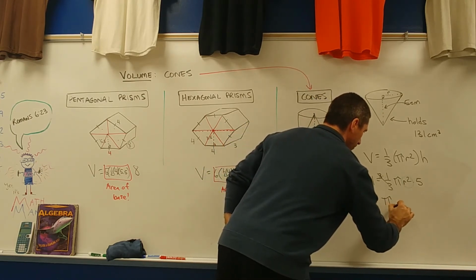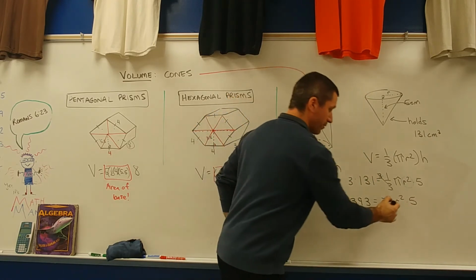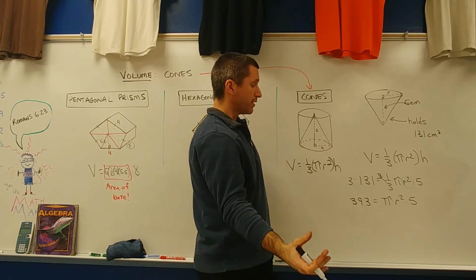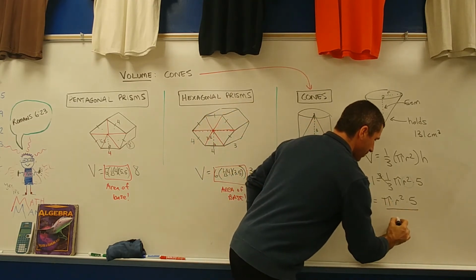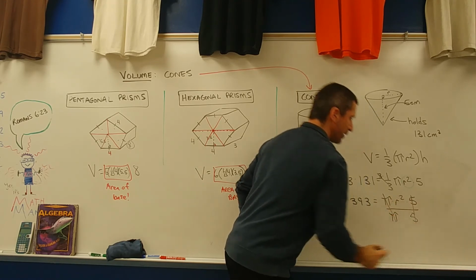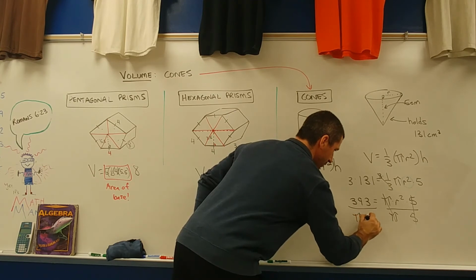Equals pi r squared times 5. This is all multiplication right here. Even r squared is r times r. So we could divide right now by pi and by 5. And you can do that in one step. So divide by pi times 5.